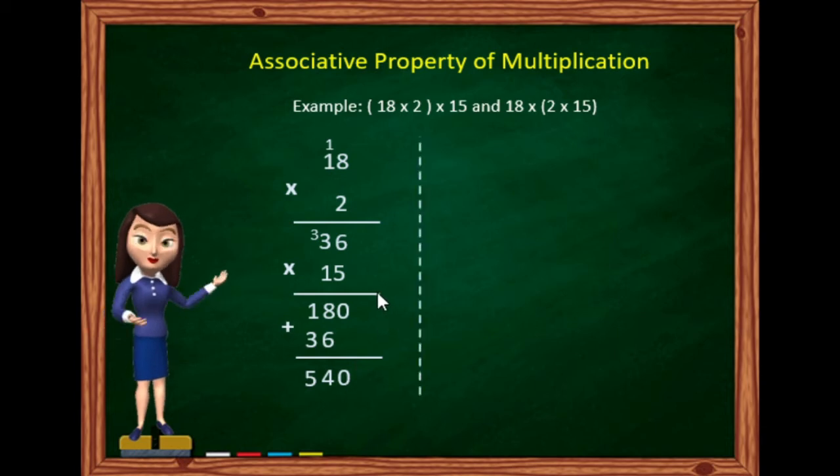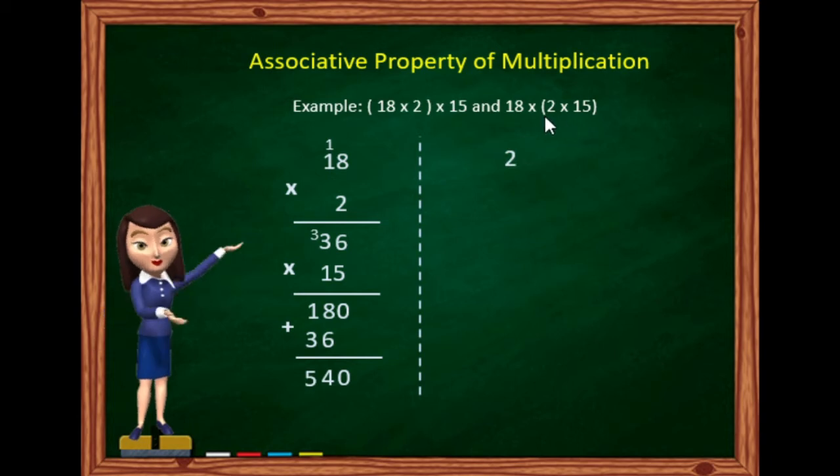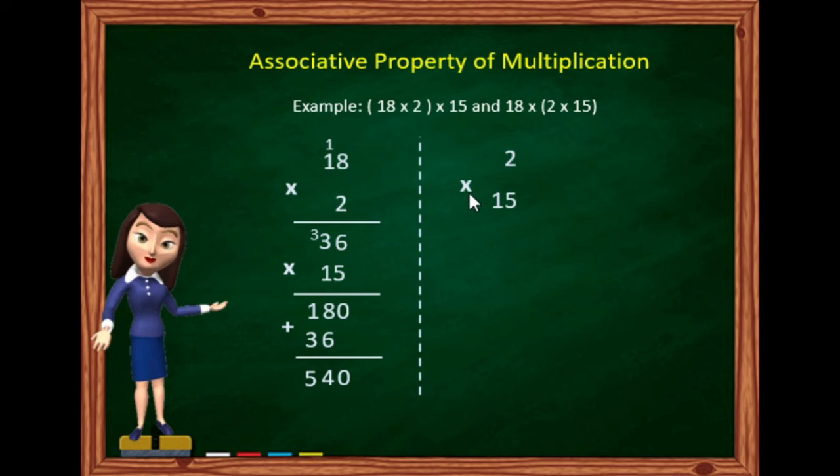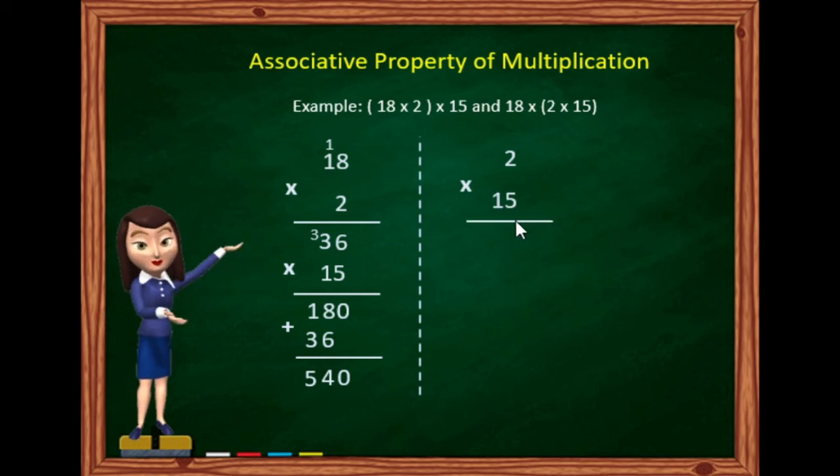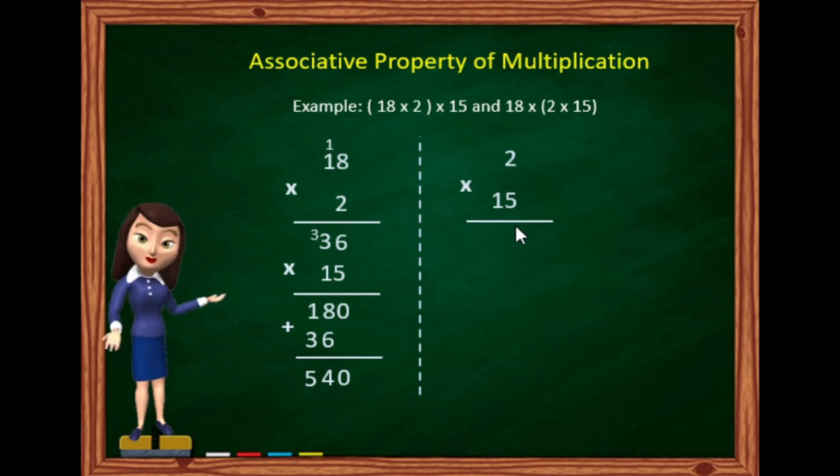Let's see if the answer is still the same, even if we change the position of the first and the last number. We solve first the one in the parenthesis. 2 times 15 is? We get 30.